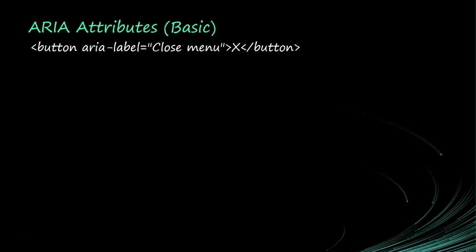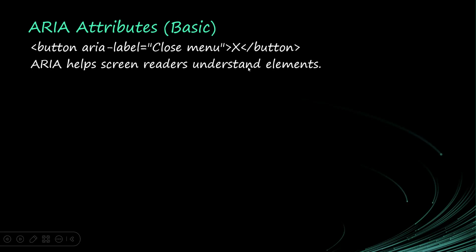But with the aria label, of course, you should not even be using X unless maybe you're using an icon. So you should always use aria label. This aria label will give extra meaning, to give the label close menu. So screen readers will actually see this close menu, to help them. So aria helps screen readers understand elements. In this case of this button, we are just saying X. What is X? X is confusing. But with the aria label, it tells them, oh, close menu.